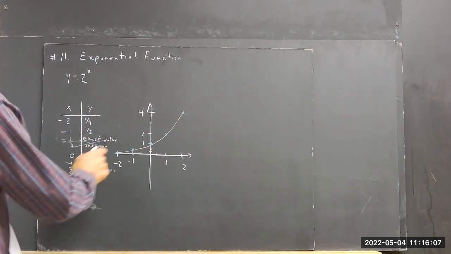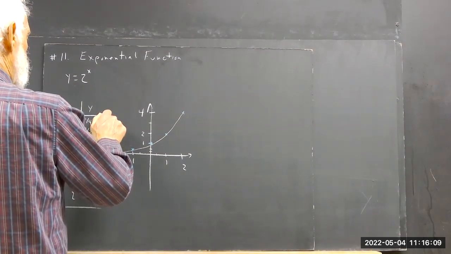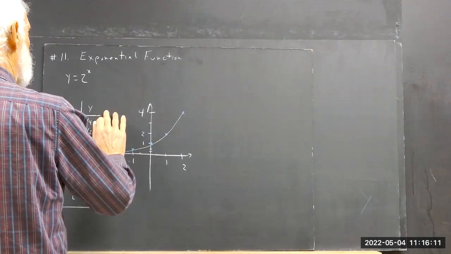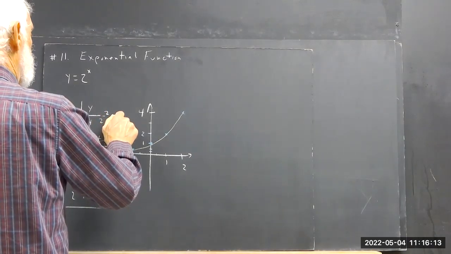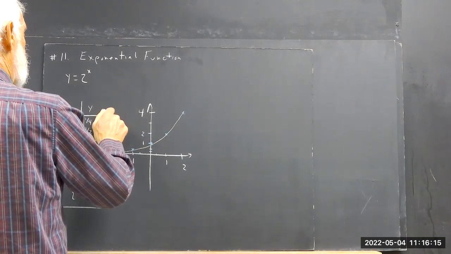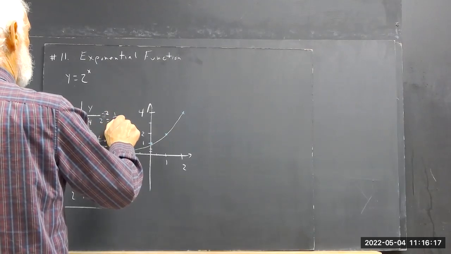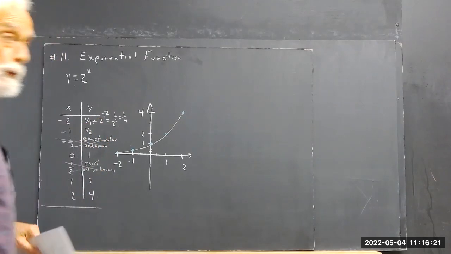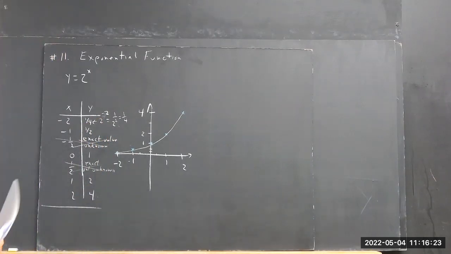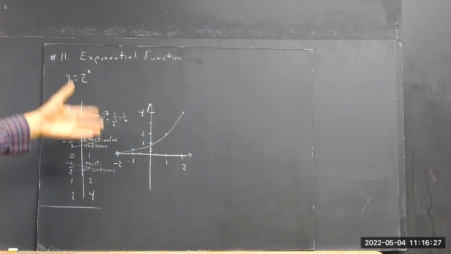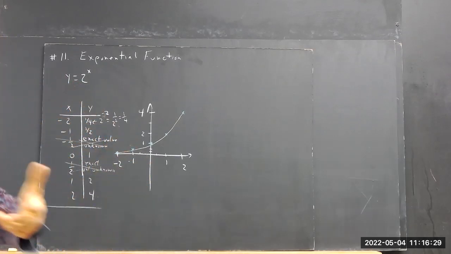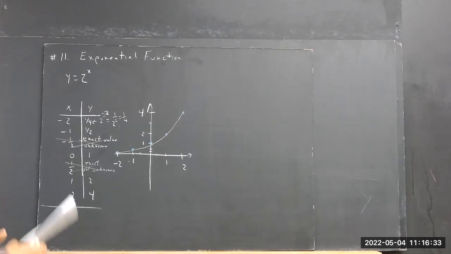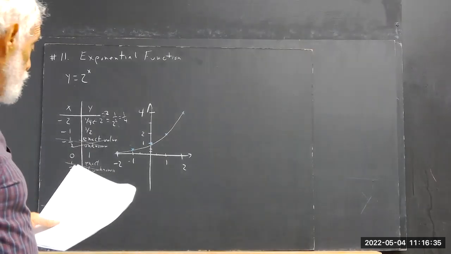Now, 2 to the negative 2 means (1/2) squared, which is 1/4. So that's where we get the 1/4. Okay. So I want to see those details because they get right to the rules for exponents, which are extraordinarily important throughout the course. Okay. So make sure we've got those details.